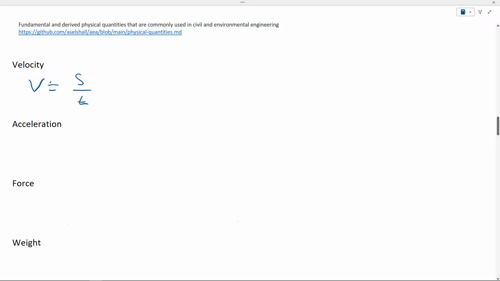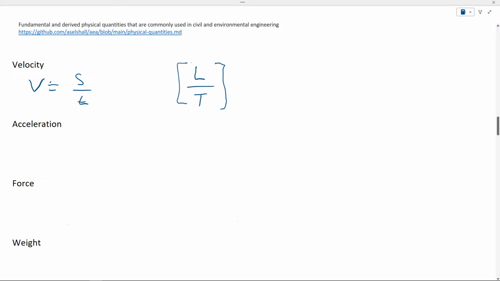What would be the dimension of this? Distance is length, L. Time is t. So the velocity will have the dimension of L over t. That would be the dimension of this one.